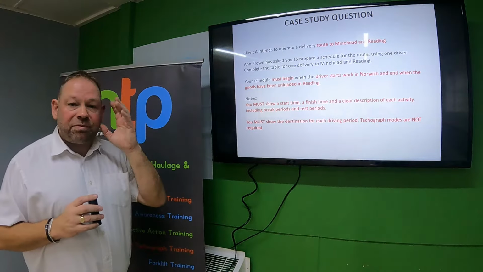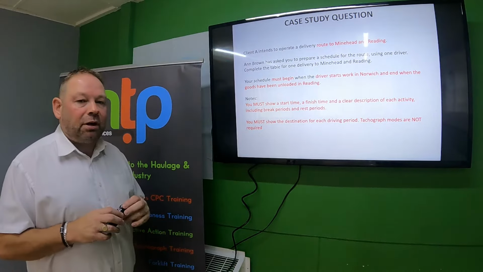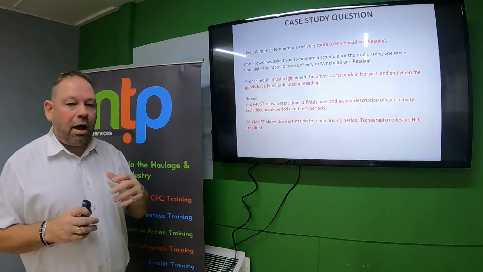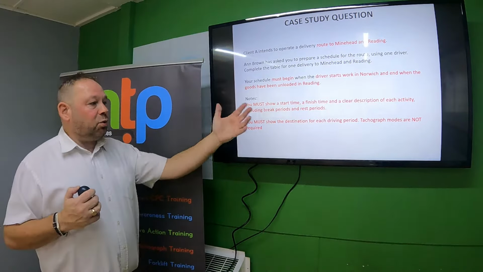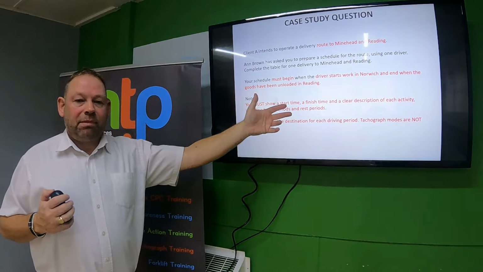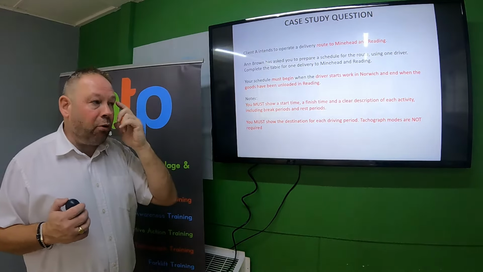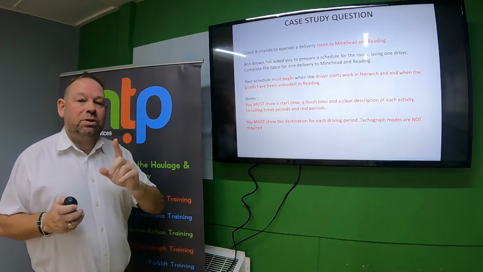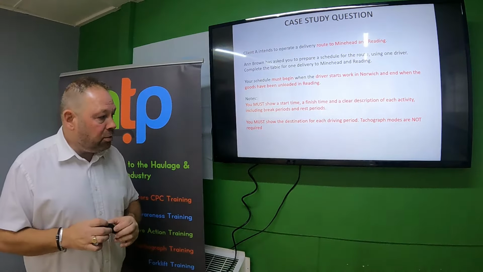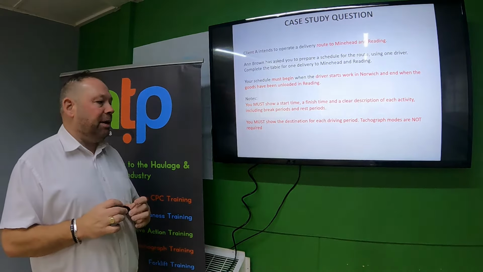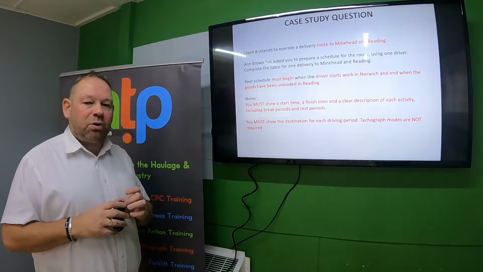Okay, so that starts to sound alarm bells, doesn't it? Because we're always going to have break periods from driving put in, but this question says rest periods. So bear in mind, we could be looking at putting in a daily rest period within our schedule. You must show the destination for each driving period and tachograph modes are not required.